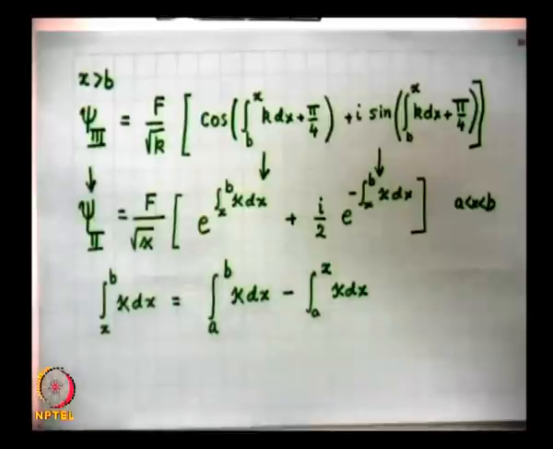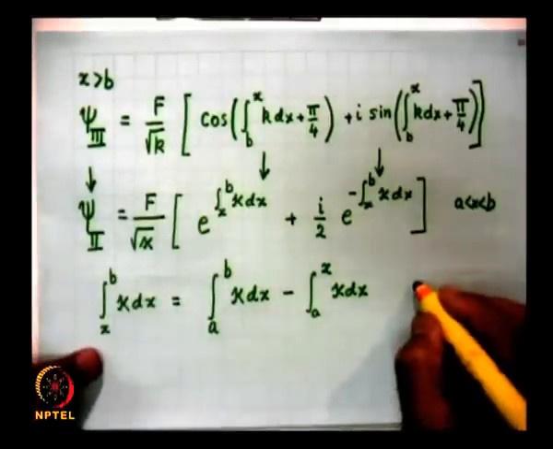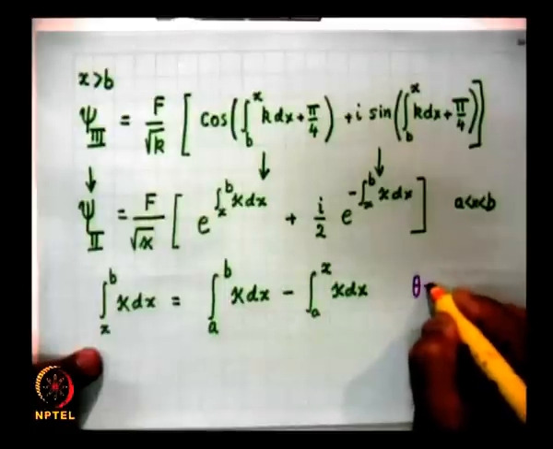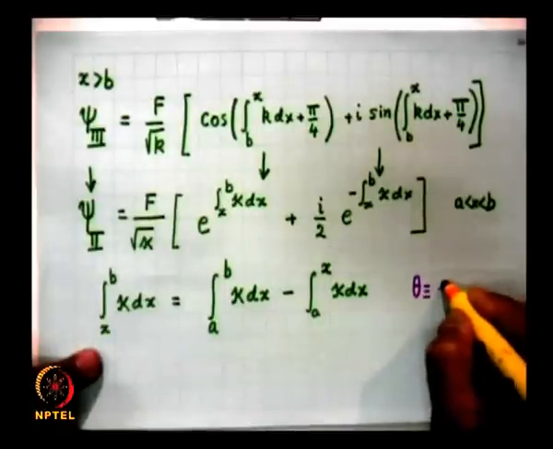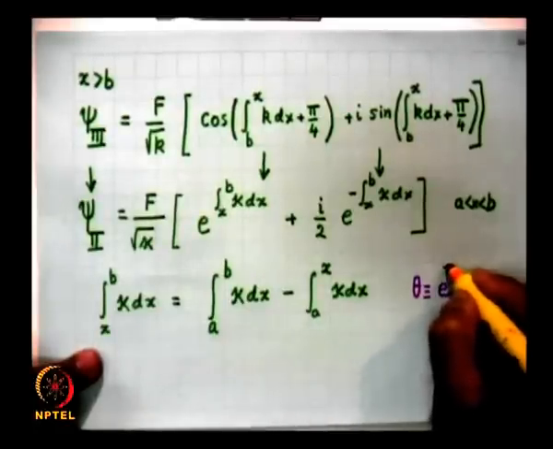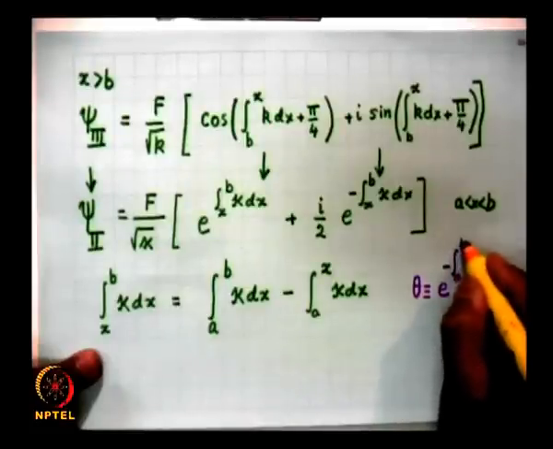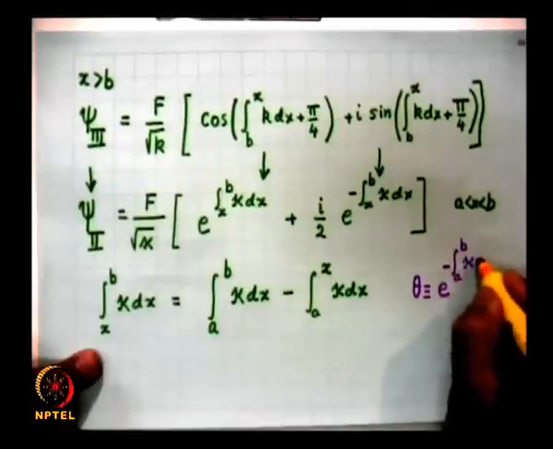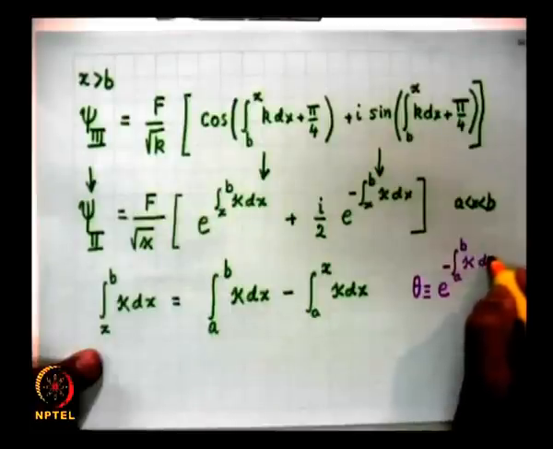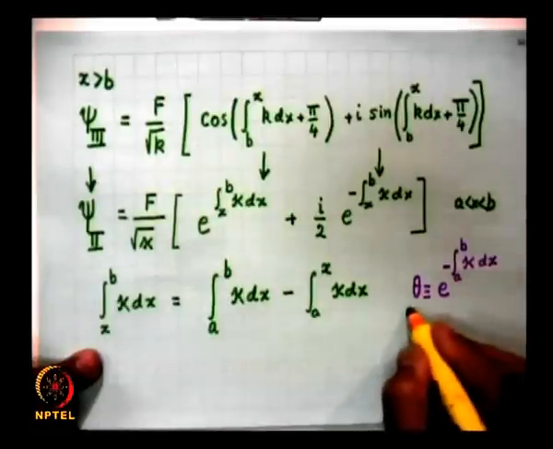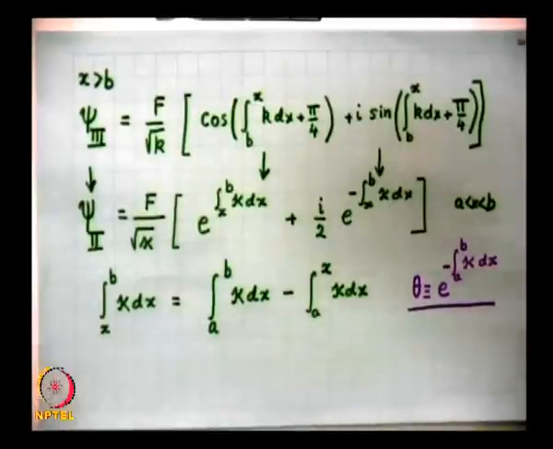Since this is e to the power of this, we define a symbol theta, which is defined to be equal to e to the power of minus integral a to b kappa of x dx. This is the definition of theta, which we must remember.